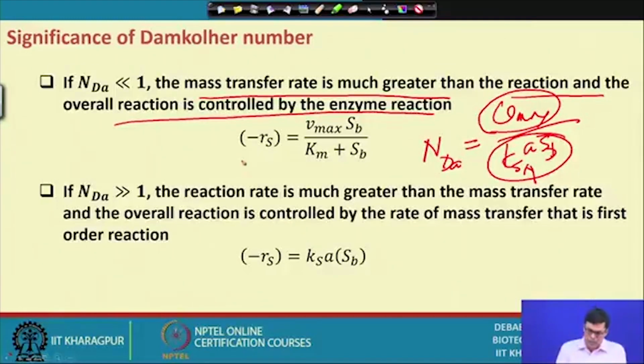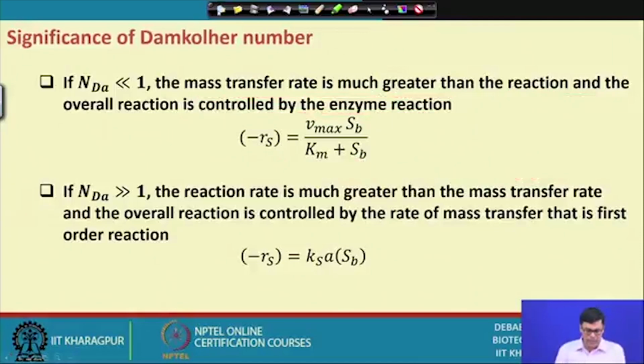So, what is the limiting factor here? The limiting factor is the enzymatic reaction, because the rate of mass transfer is more. If you want to improve the rate of reaction, then we shall have to increase the velocity of reaction, which is nothing but Vmax Sb divided by (Km plus Sb). Now, what is the next case?